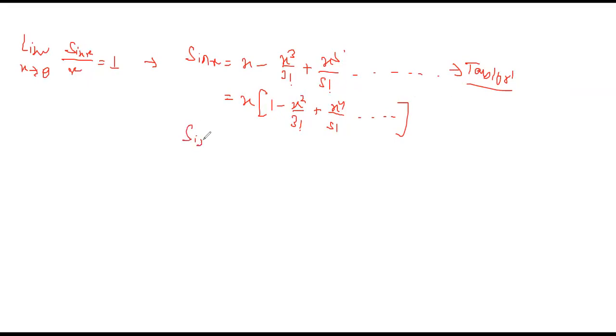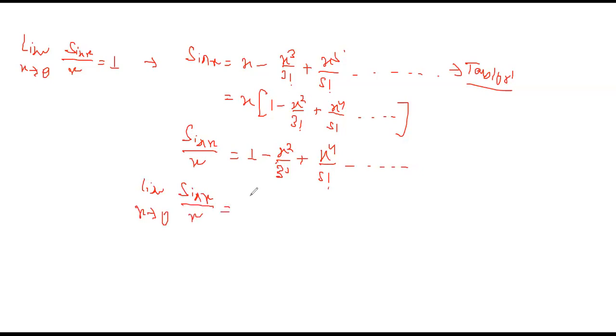So sin x by x is equal to 1 minus x square by 3 factorial plus x power 4 by 5 factorial minus and so on. If you take limit x tends to 0, sin x by x equals limit x tends to 0 of 1 minus x square by 3 factorial plus x power 4 by 5 factorial and so on.